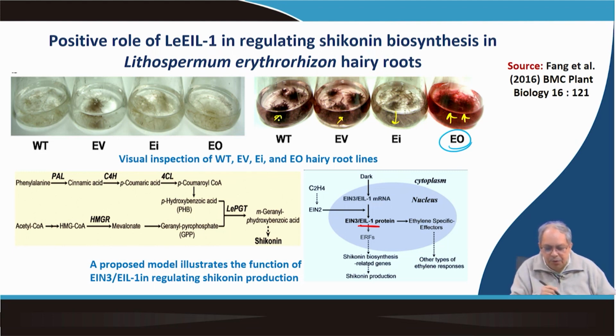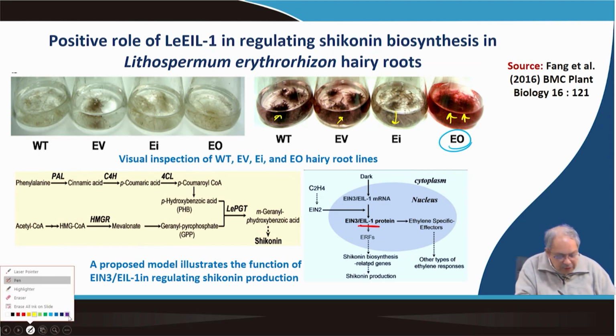Okay. So, what the scientists predicted is that this strategy worked well, and overexpressing a transcription factor like EIL1 indeed makes sense for the production of shikonin in Lithospermum erythrorhizon hairy root. So, this is the PGT.